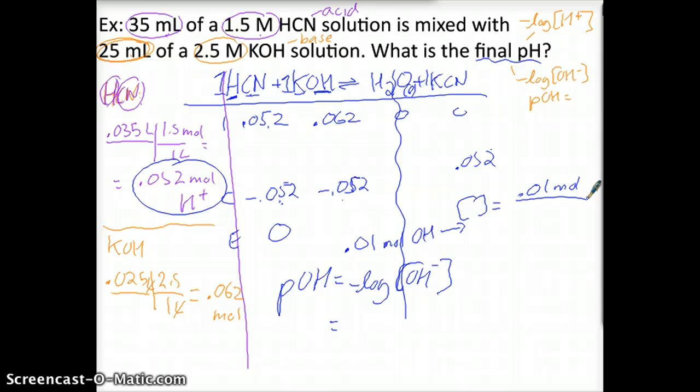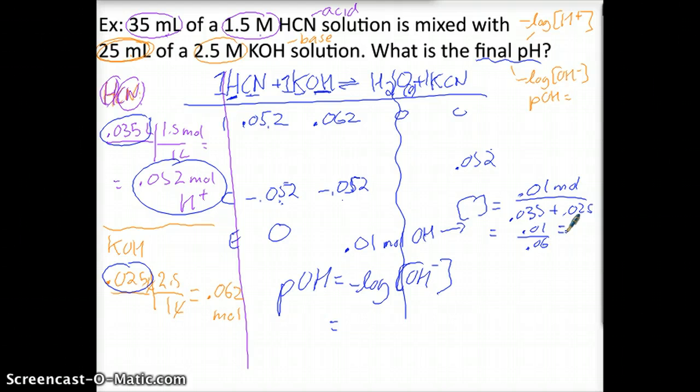What is the volume? Well, I mixed two things together. So the volume is not going to be 0.035, and it's not going to be 0.025. It's actually going to be both of those added together, because that's the total volume after the two substances were mixed. So the concentration would be 0.01 over 0.06, which is going to come out to some value.